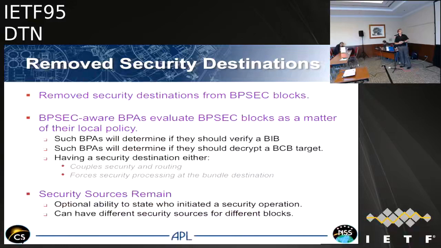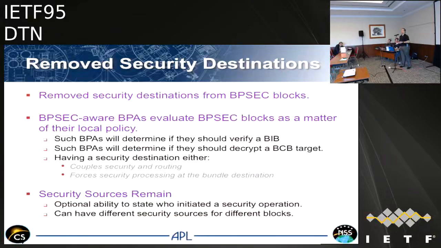At the end of the last IETF, we had a breakout security session after the working group, and we said that is perhaps too restrictive, and one of the things we should present in the stack was to remove the concept of security destination completely. If you assert a security source, then as a matter of policy within the network, individual nodes can determine whether they should or should not be evaluating a security service.